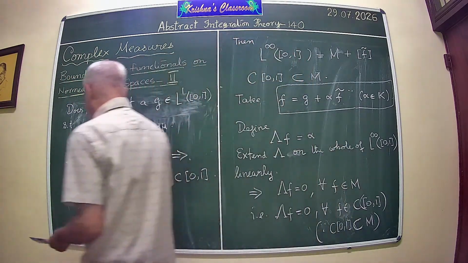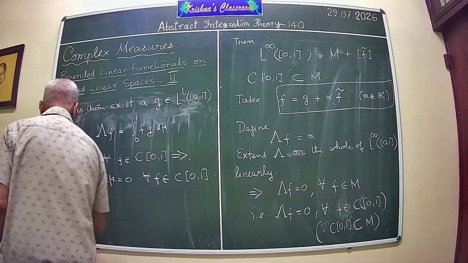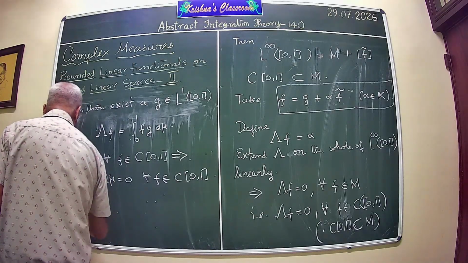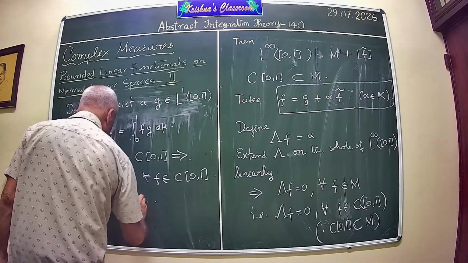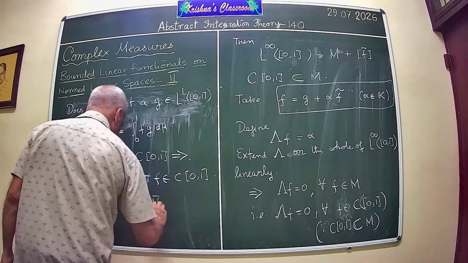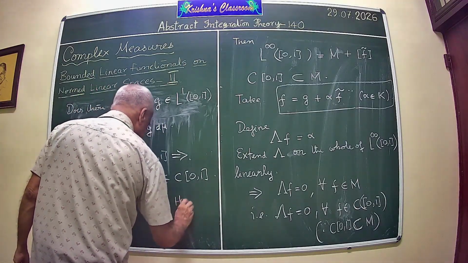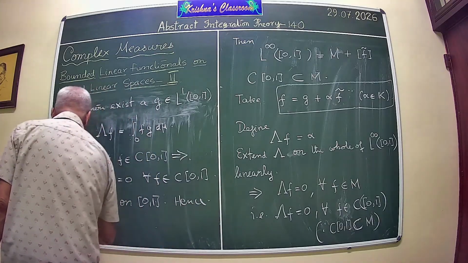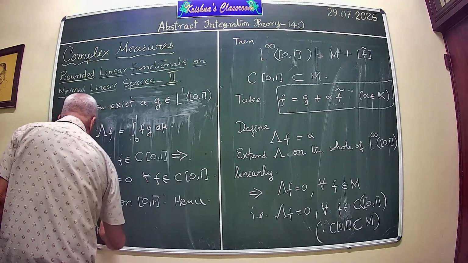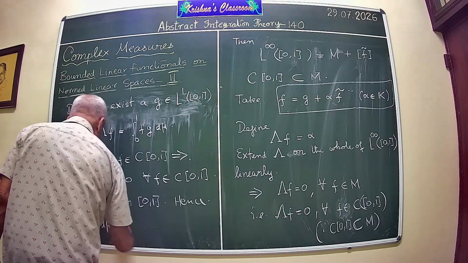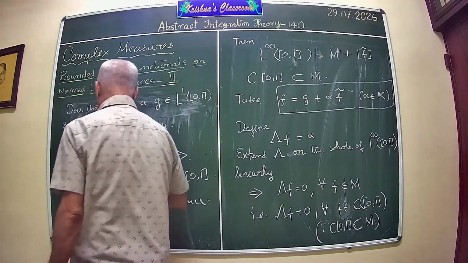Now choose F identically equal to 1. Hence the integral from 0 to 1 of G d mu equal to 0.